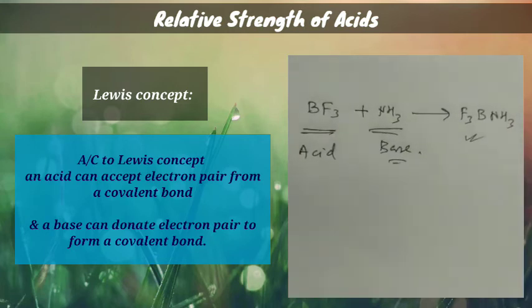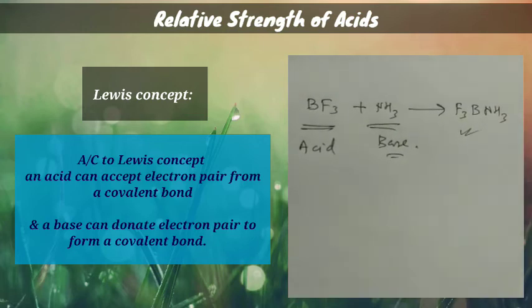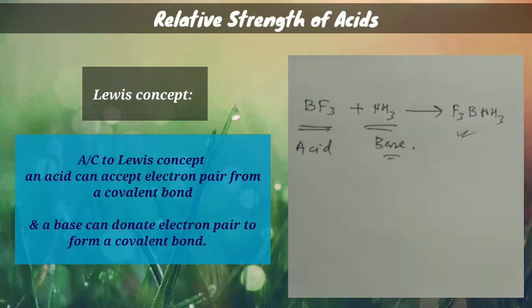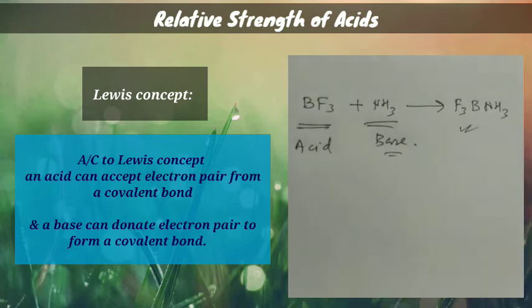Base, okay. If a molecule can accept an electron pair, from a covalent bond, or it may be from any other bond, okay, then it will act as a what? Acid, okay.